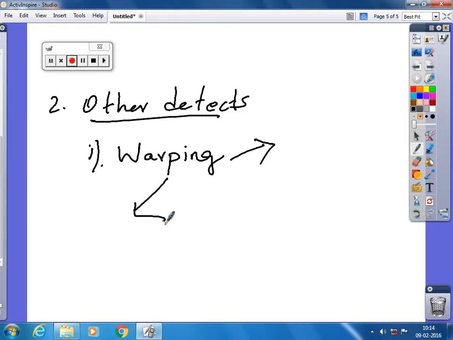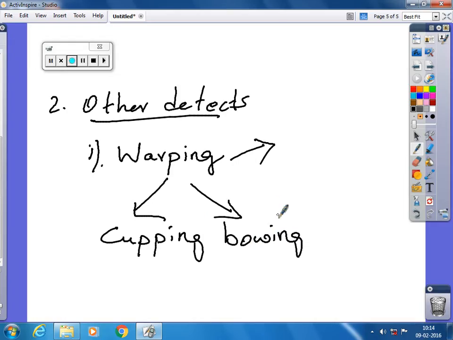And warping includes three things: cupping, bowing, and twisting.